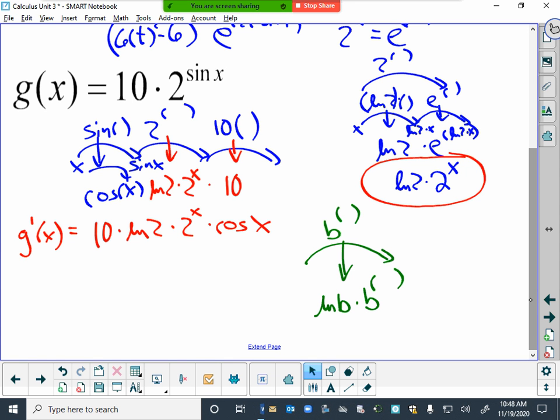As it gets away from e to the x, then it starts to change a little bit, but the change is just a vertical stretch. And that's what we see with the natural log of b. Natural log of b multiplied out in front is going to accomplish a vertical stretch. And so we just need to vertically stretch that original function to get it to go to the right place on the derivative.